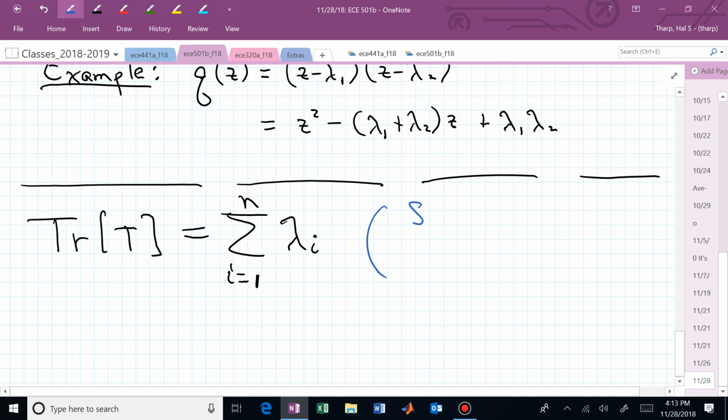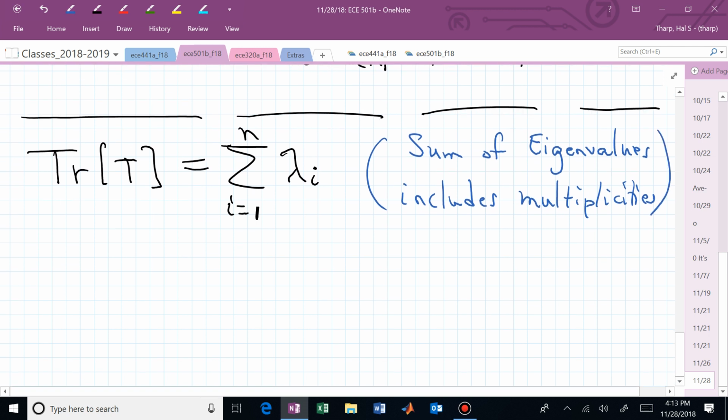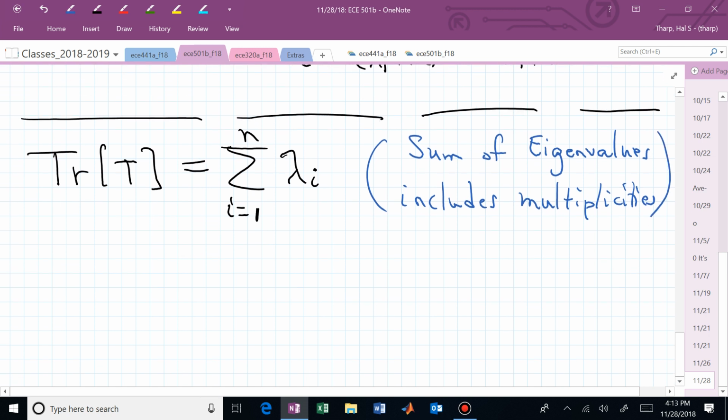This is now the sum of eigenvalues, and that sum includes multiplicities. If lambda 1 is equal to lambda sub 2, you need to add those together in this sum.